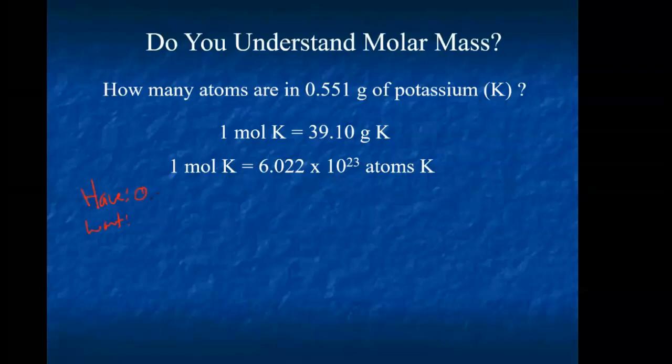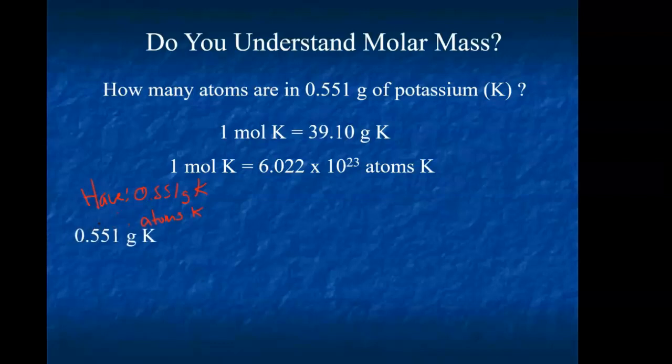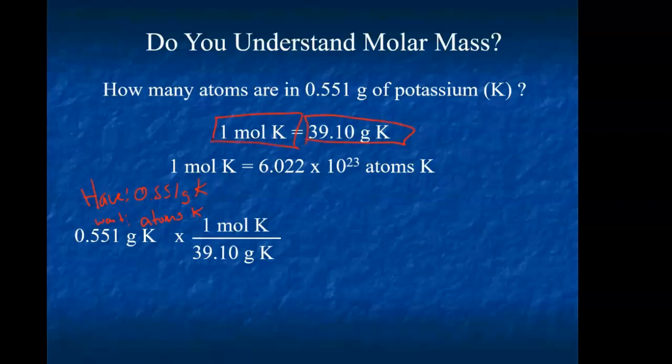So we have 0.551 grams of K, and we want atoms of K. So this have-want thing really helps keep your mind pushed in the right direction when you're solving these problems. So we want atoms. So again, one of these is going to go on the top, the other one's going to go on the bottom, or vice versa.